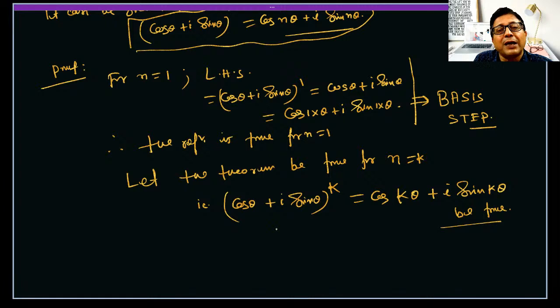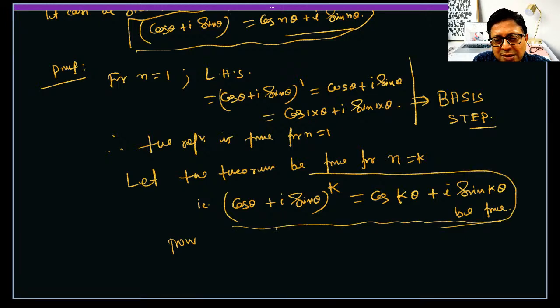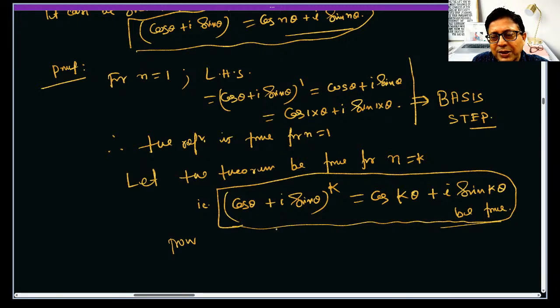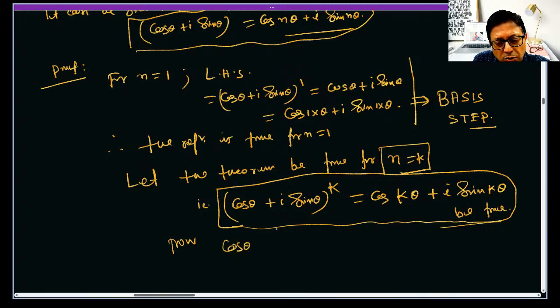Now we are going to prove that it is true for k plus 1 also, by assuming the theorem be true for n equal to k. Now cos theta plus i sin theta to the power k plus 1 is what?